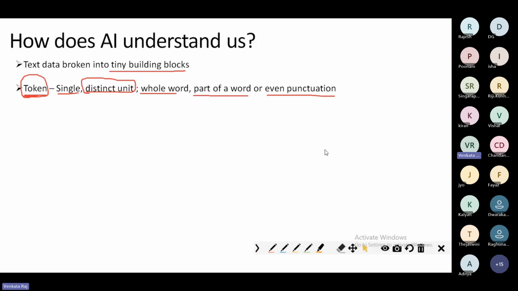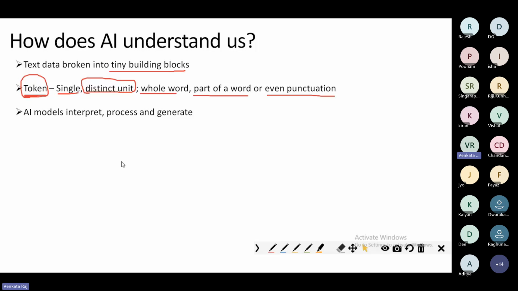So they are broken down into tokens. Remember this: the AI models will interpret these tokens, process them, and then generate the response. Someone was asking how they provide output for the input we give. Your input is broken down into tokens, and how they are processed, we will see in the architecture.